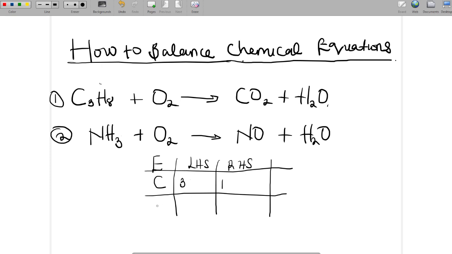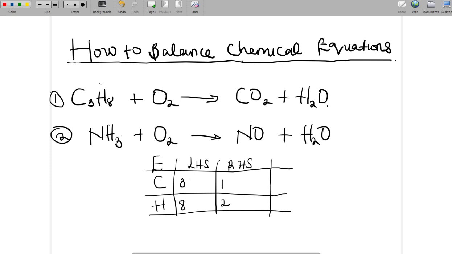The next one is our hydrogen, which we have here as H. How many do we have on the left? We have 8 atoms of hydrogen on the left, and I'm going to write it here. How about on the right? The 2 attached to the hydrogen tells us the number of hydrogen atoms, and so far we only have 2.